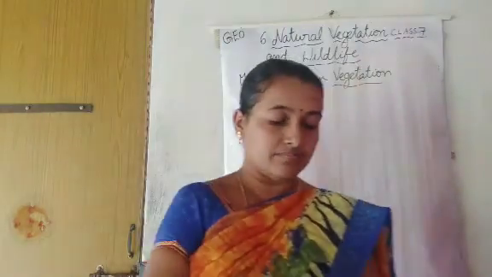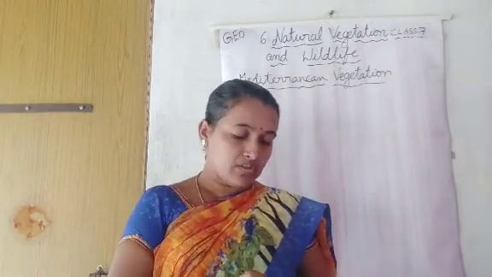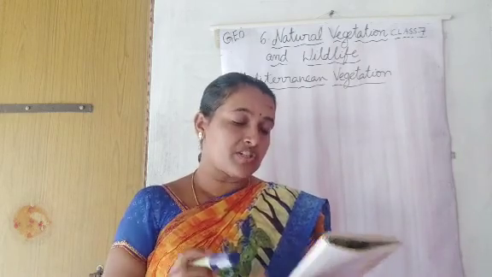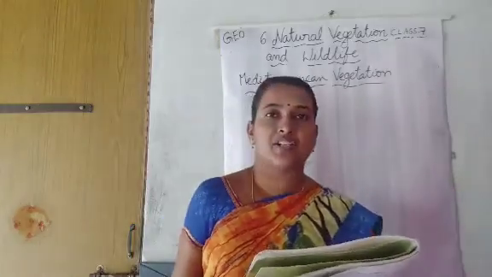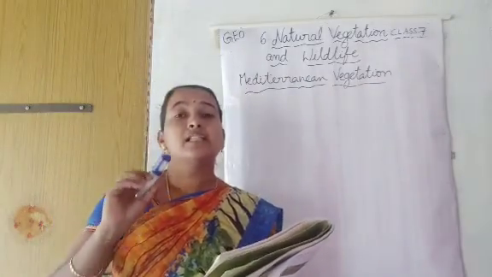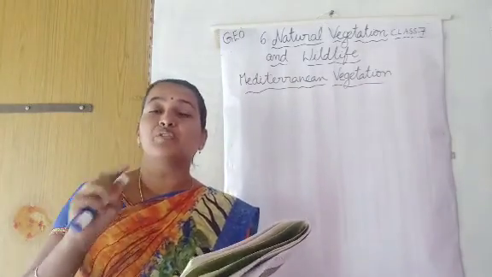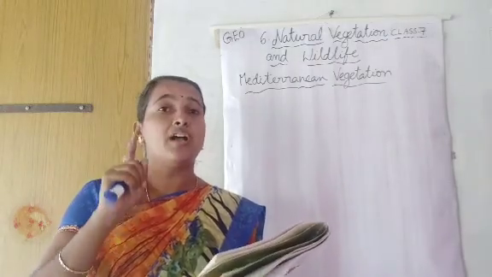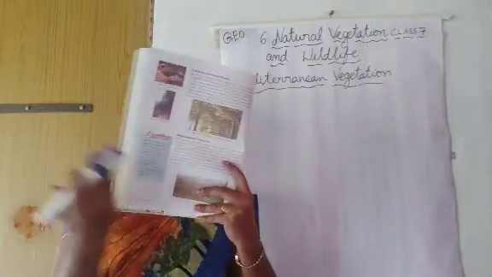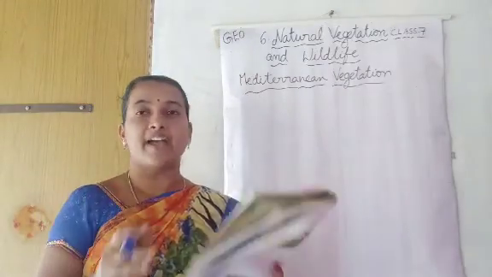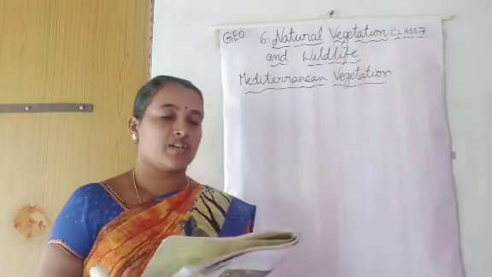Next, Southwest Africa, Southwestern South America and Southwest Australia. So, in all the southwest parts of the continents, in Asia, Europe and Africa, we can find this Mediterranean vegetation.